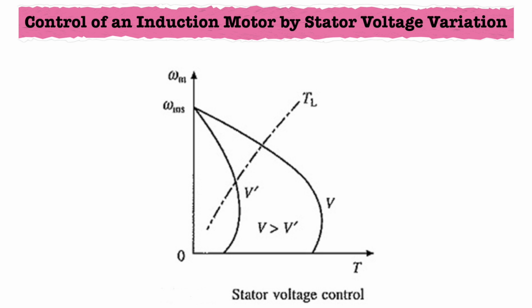Consequently, this method is suitable for applications where torque demand reduces with the speed, like fan and pump drives. Variable voltage for speed control is obtained using AC voltage controller.